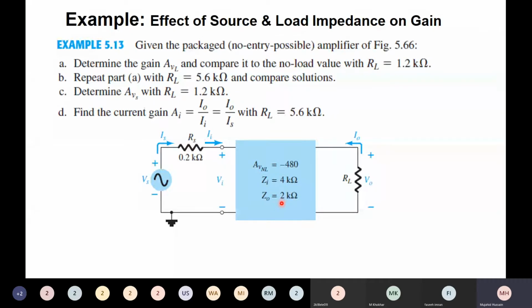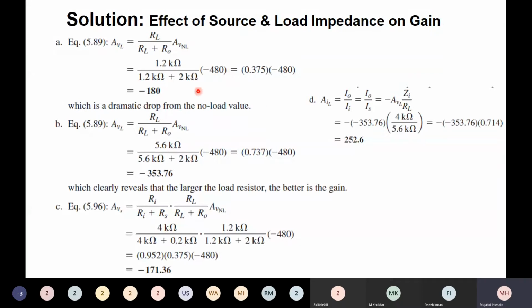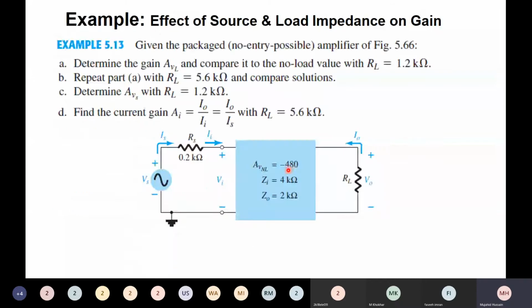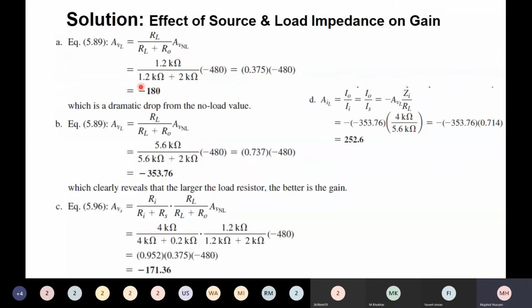RL was given to us, so the loaded voltage gain comes out to 180, while the no load voltage gain was 480. So it has decreased from the no load value. We discussed earlier that the loaded voltage gain will always be less than the no load voltage gain.